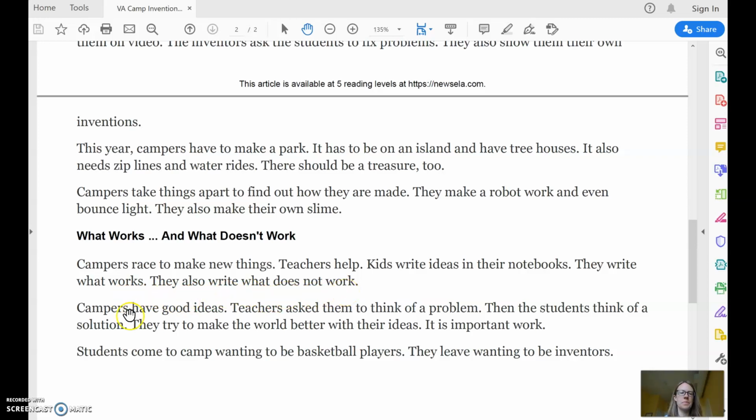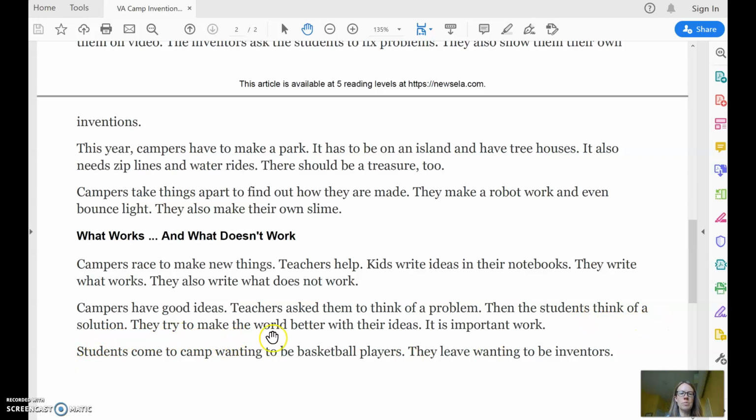Read this paragraph to yourself. Let's read it together. Campers have good ideas. Teachers asked them to think of a problem. Then the students think of a solution.